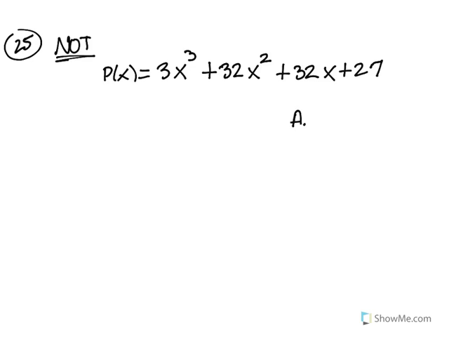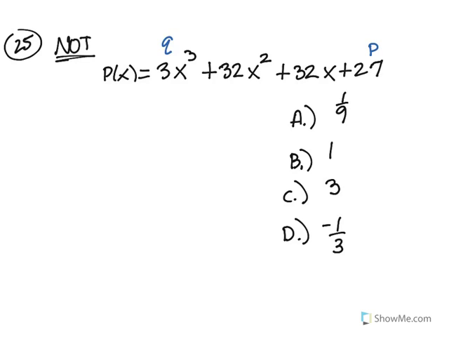And it's giving you some answer choices. So it has like 1/9, a 1, a 3, and a negative 1/3. So this is kind of seeing if you remember your P over Q setup. I don't want to know which one of these work and don't work. I need to know who's not even in my box, who's not a possible zero, period.